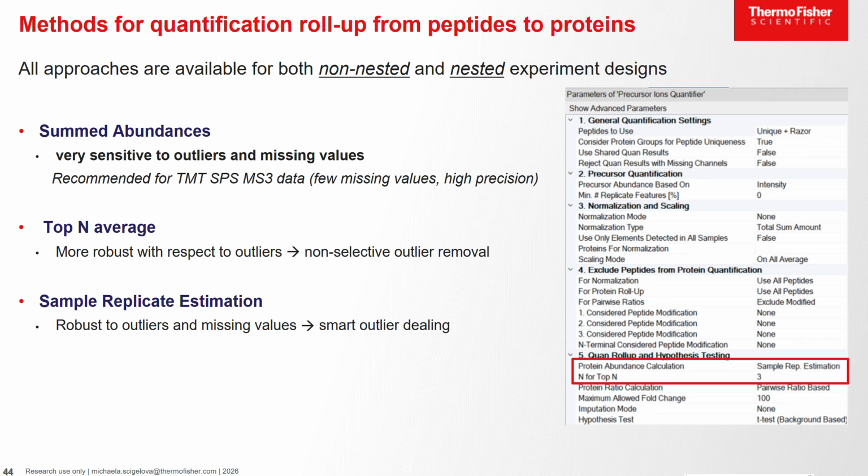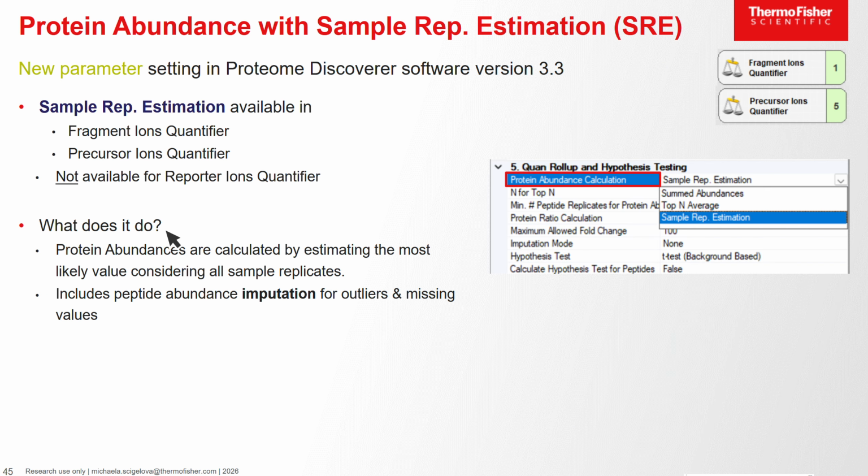But luckily, we have the third new method, which is providing some smarter way of dealing with the outliers. But just to sum up, what is this new setting doing? It is calculating the protein abundance by estimating the most likely value, while it is looking at all the sample replicates.